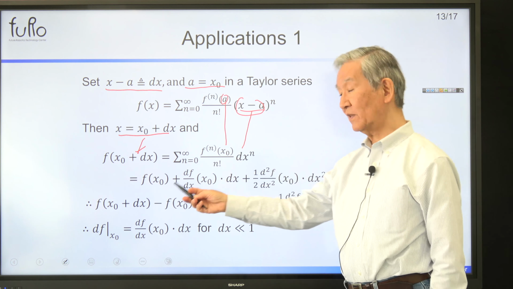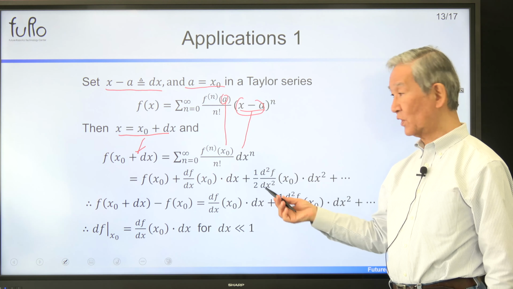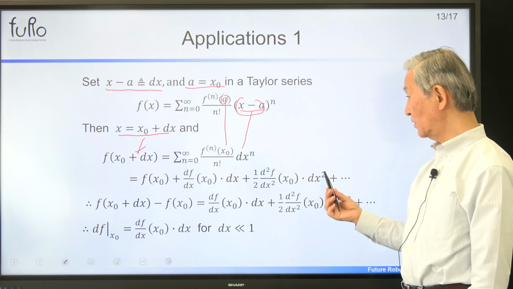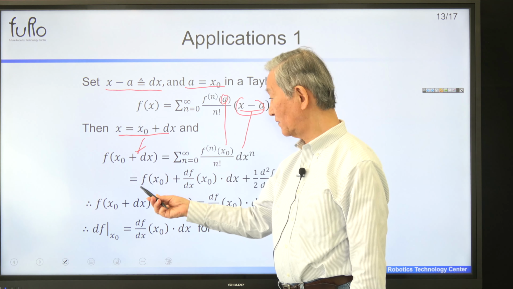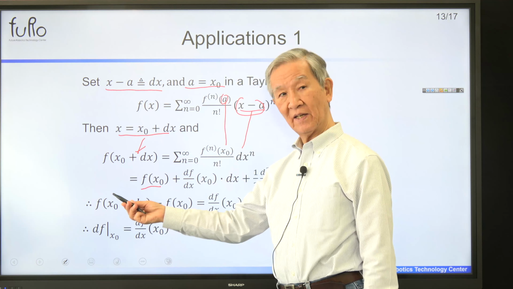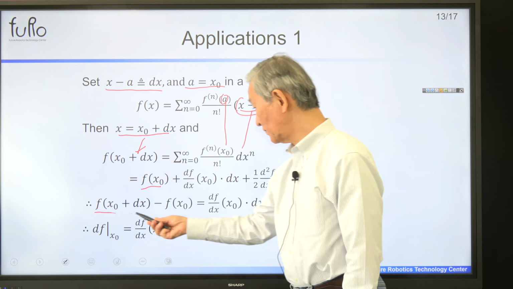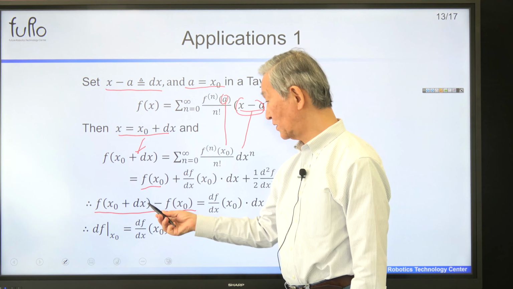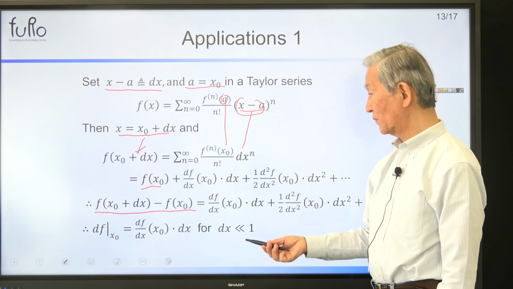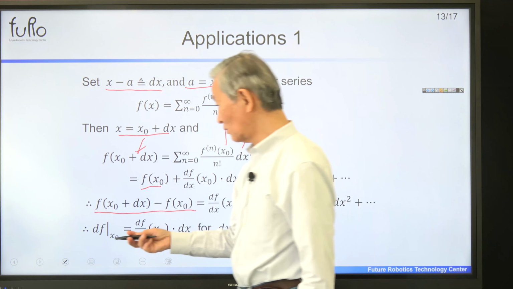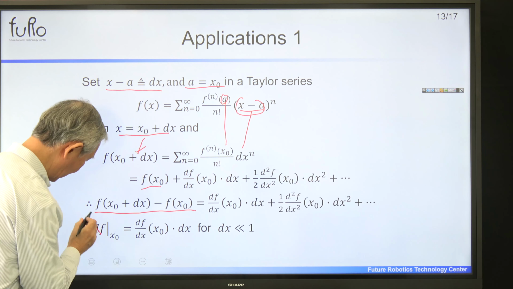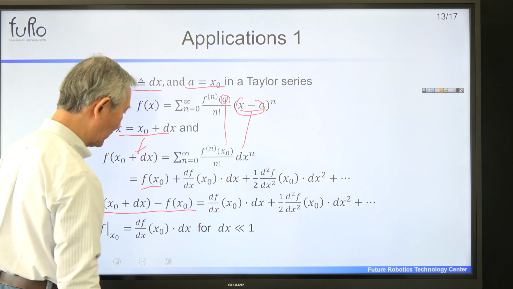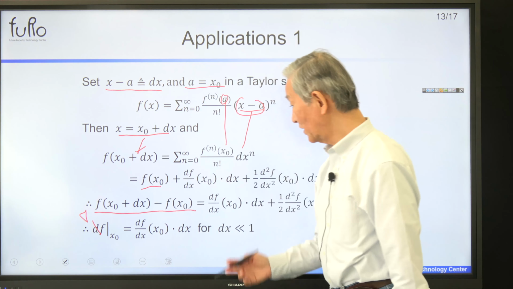And if you write the first 3 terms of this summation, you get this one here, and you have f(x0) here, so you move that to the other side. You have f(x0 plus dx) minus f(x0). That's nothing but df. Well, actually, this is delta x, right?